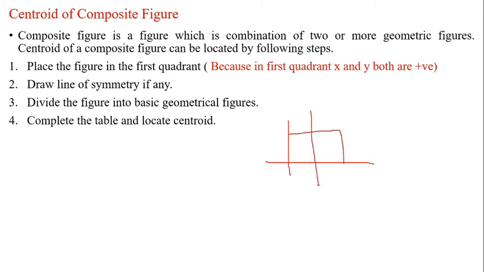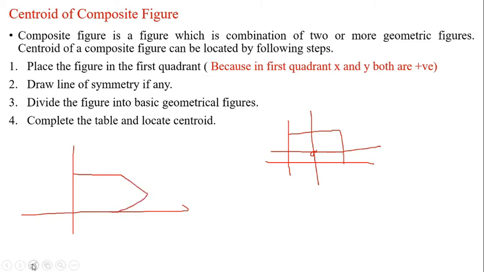You can draw vertical line of symmetry, horizontal line of symmetry, and using table you can directly locate position of centroid. But if I ask you to determine centroid of a figure like this, a rectangle, say like this. So, this is the figure, okay.